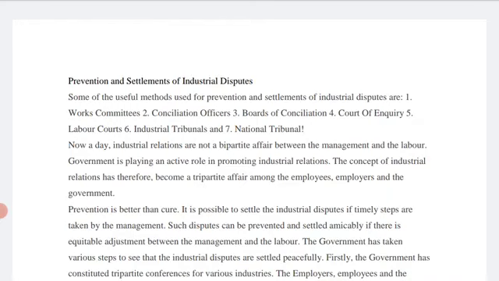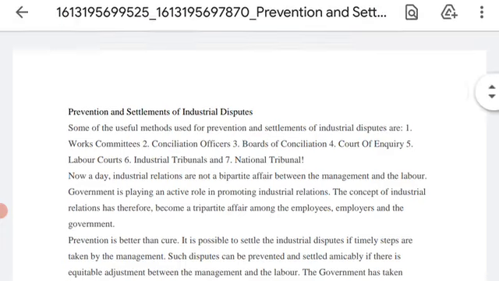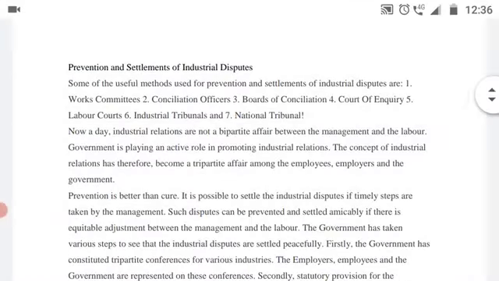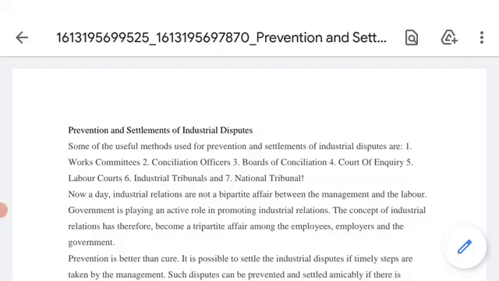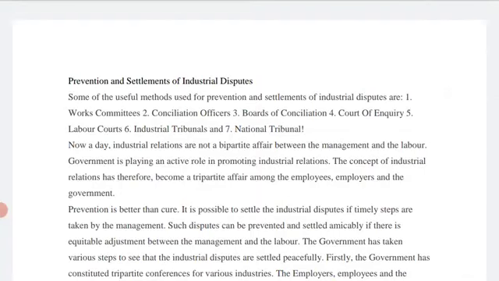Then what will happen? If they are not ready to compromise, then after some period of time they will go into conflict. Due to such industrial disputes, the productivity of the organization can be badly affected.